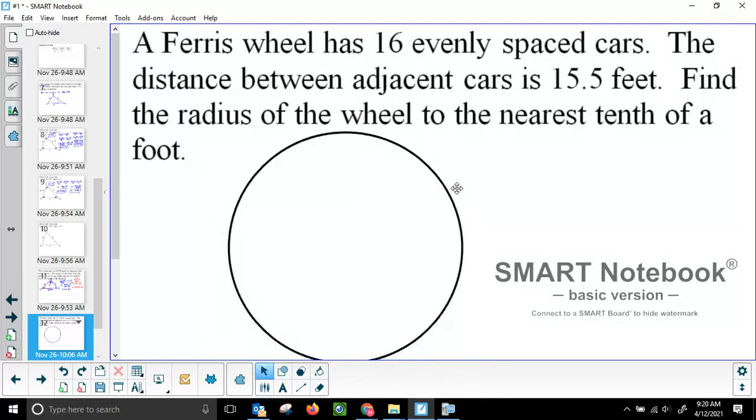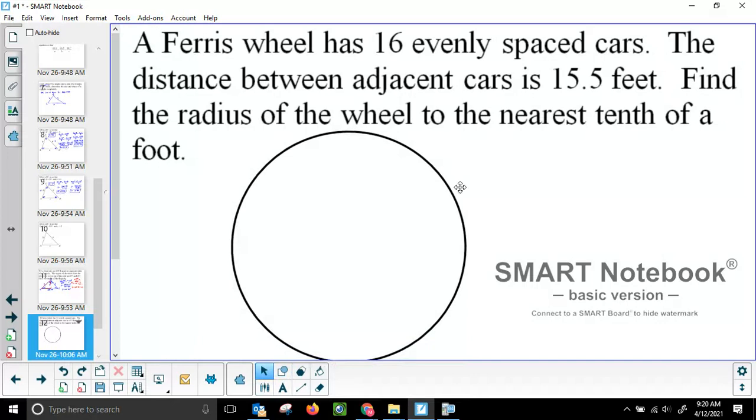Here is my Ferris wheel. We have 16 evenly spaced cars. I'm not going to draw all of the cars, but we can have a car here, and a car here, and a car here.